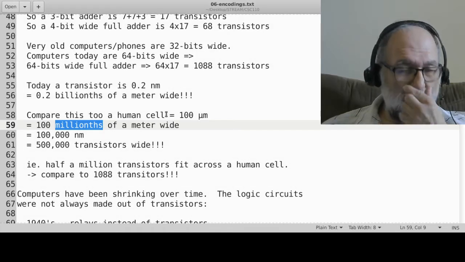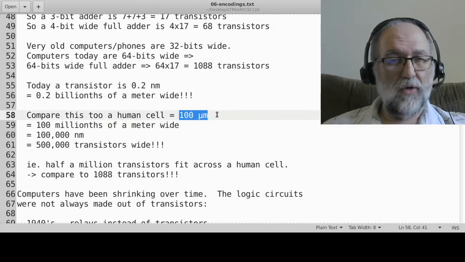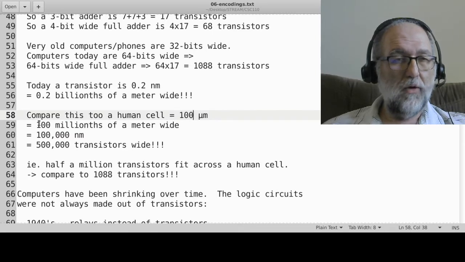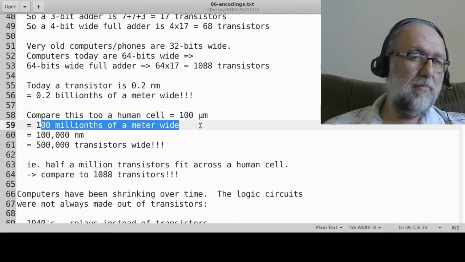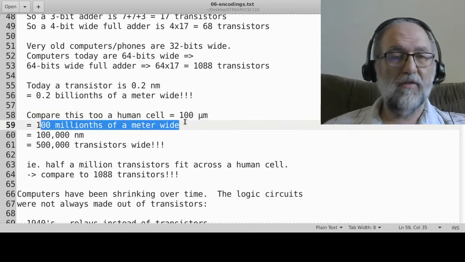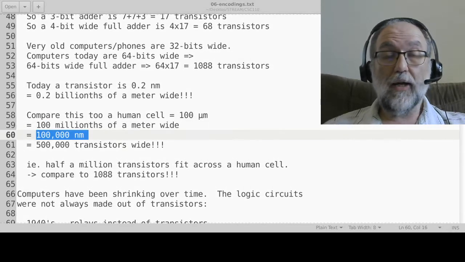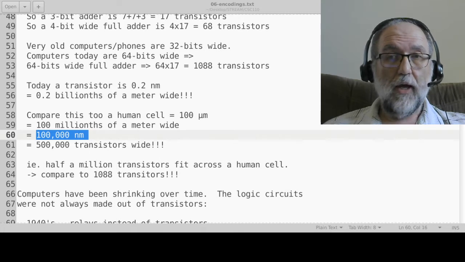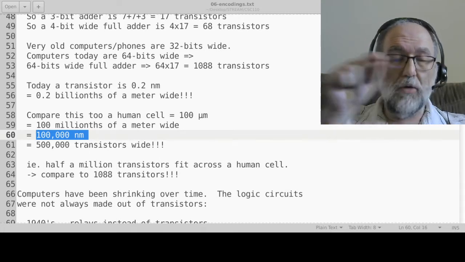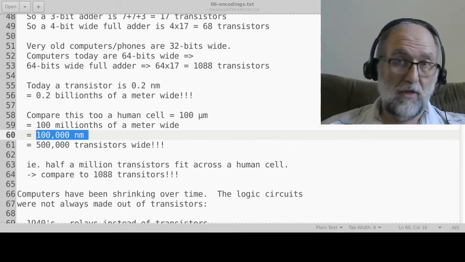Now, it's even bigger than that because it's 100 micrometers wide, okay? So a human cell is about 100 millionths of a meter wide. Now, if you converted that into nanometers, that would mean 100,000 nanometers, okay? So that means that across a human cell, you could get 100,000 transistors, all right?